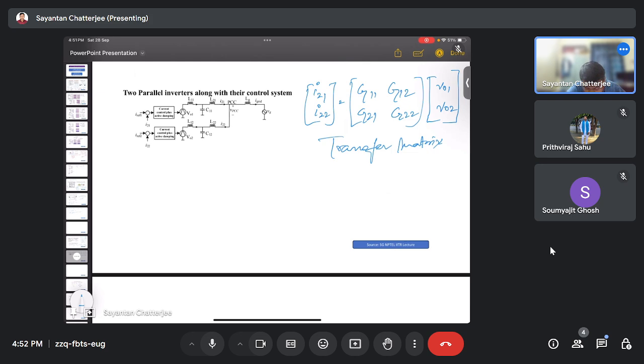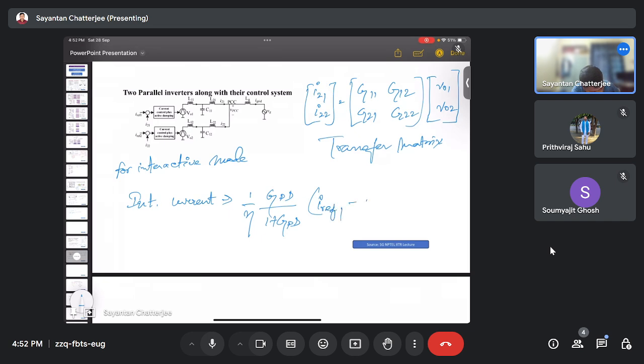Okay. For the interactive mode of operation, we can find the interactive current as beta F2.